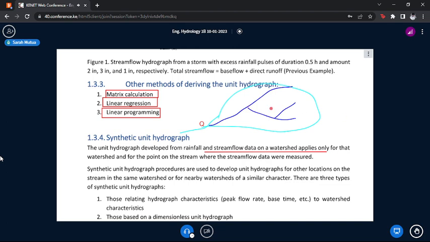Or let's say we also have measured another Q. Let me call this Q2.